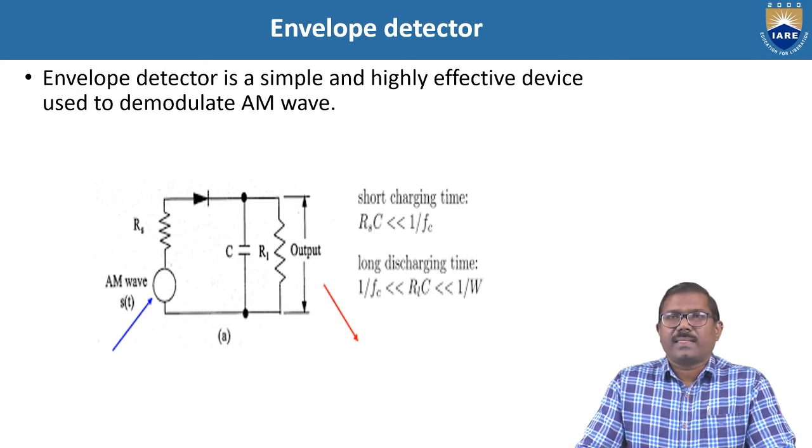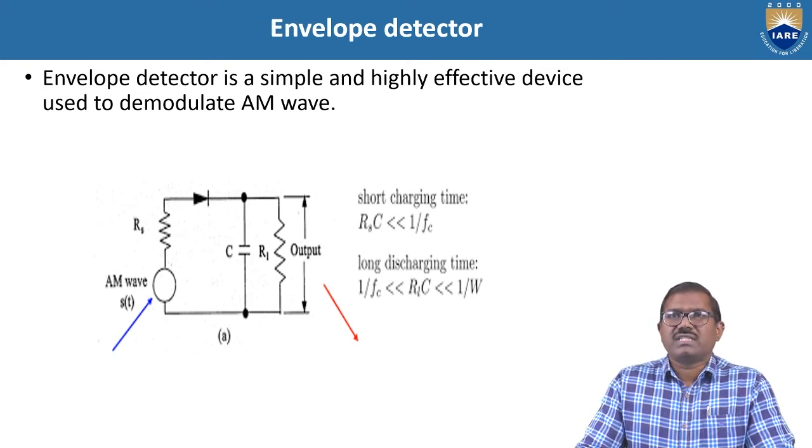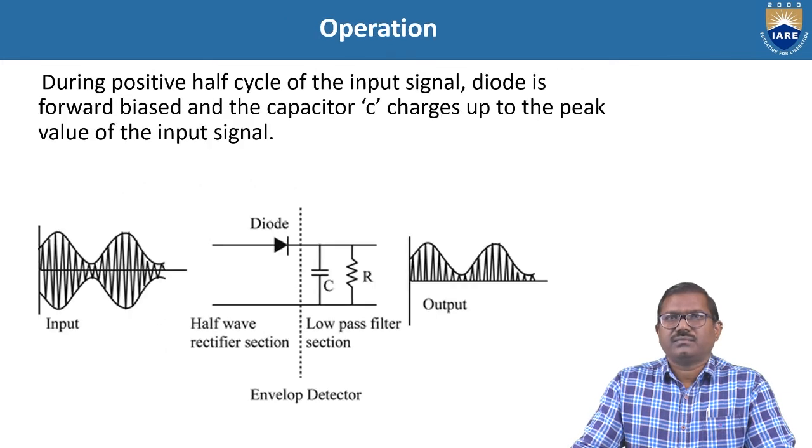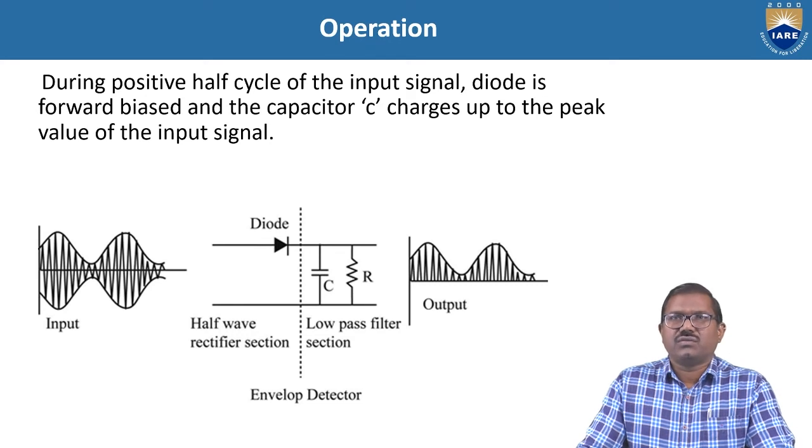In the envelope detector, we have a diode, and another one is a capacitor and a resistor. This envelope detector is a simple and highly effective device used to demodulate AM wave. The working operation of this envelope detector is taken in two parts: the positive half cycle and the negative half cycle.